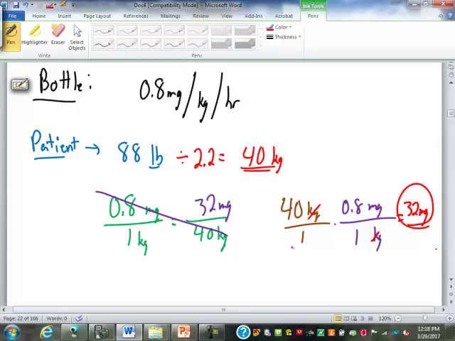The time when this might be simpler to use the dimensional analysis rather than the proportion would be if there are additional steps. And let me show you what I mean by that.